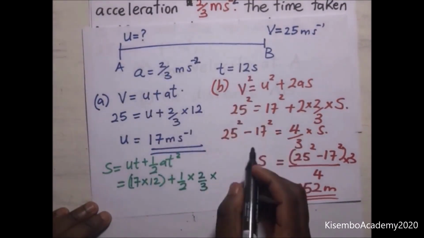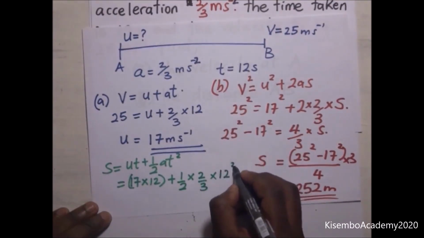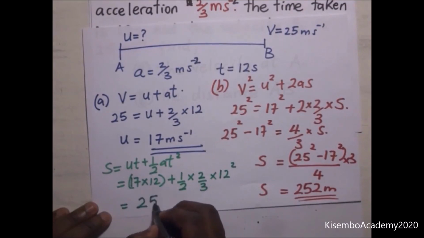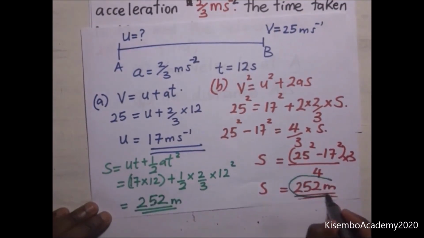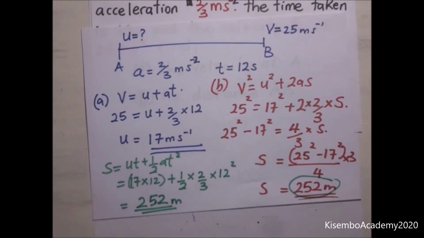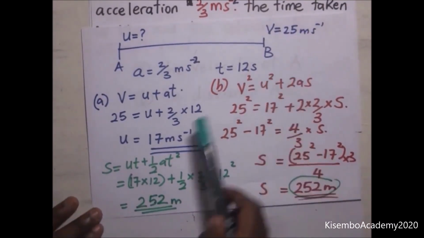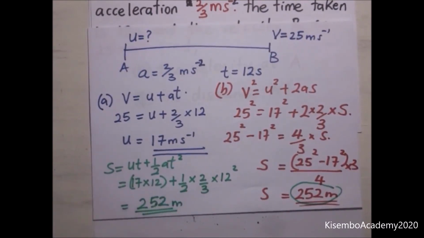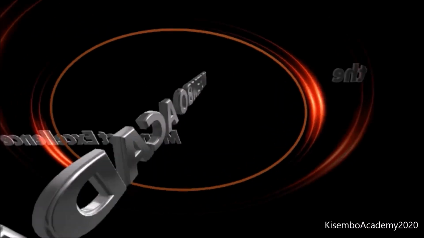The time is still 12 squared. And when we add all this up, you still end up with 252 meters, just the same as this. So with part B, you can use this or you can use that formula. Either way, you will still be able to get the same answer.